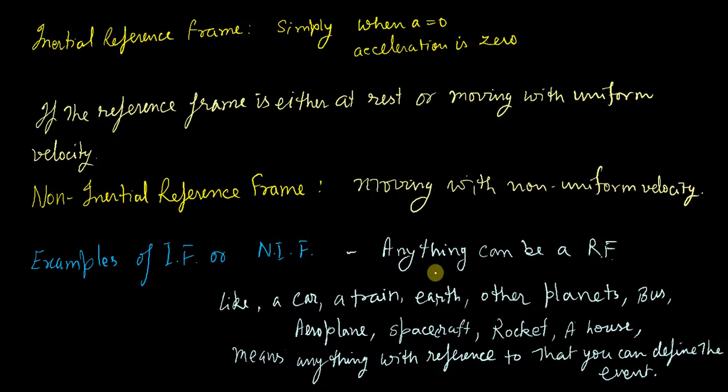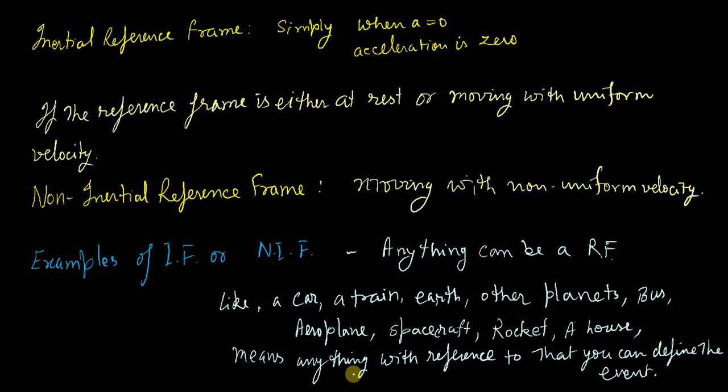Actually, the first point is that a reference frame may be anything. It can be a car, a train, the earth, other planets, a bus, an aeroplane, a spacecraft, a rocket, whatever you can think of.